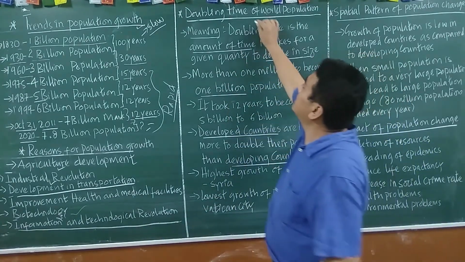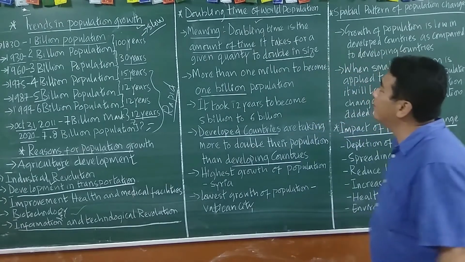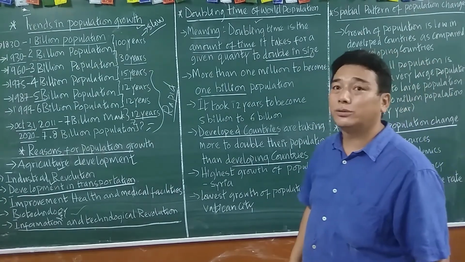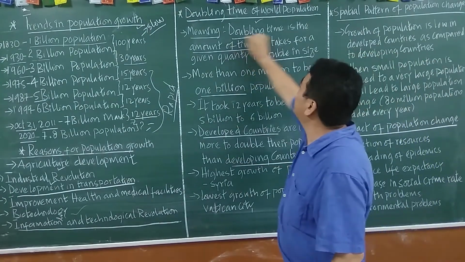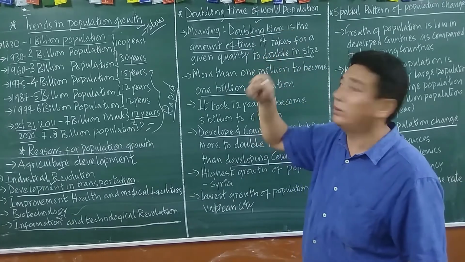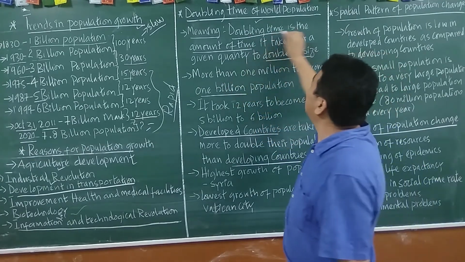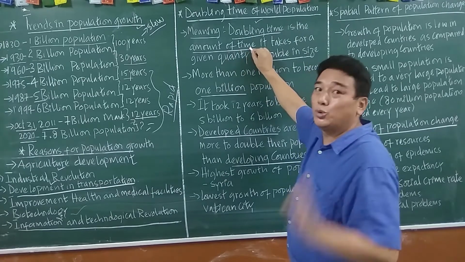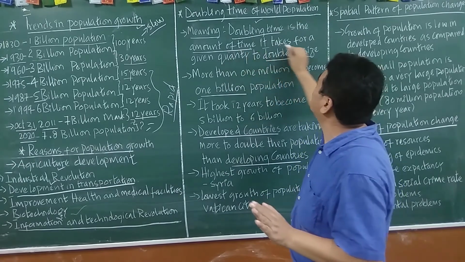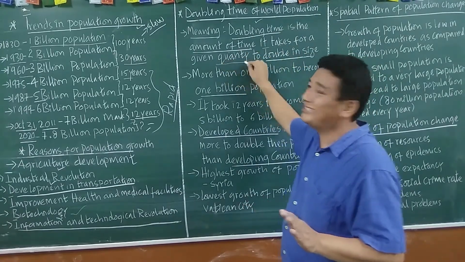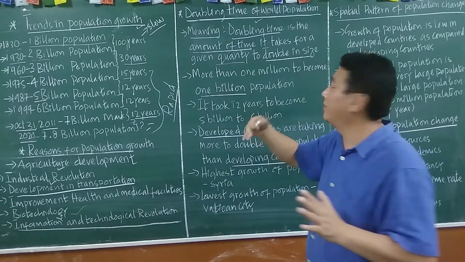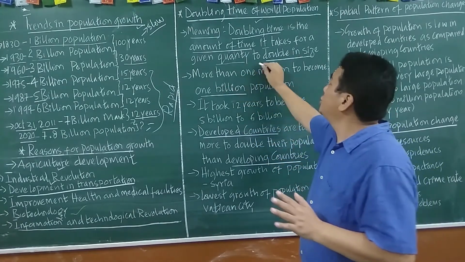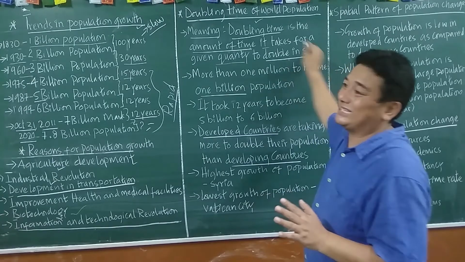Then next, the doubling time of world population. Doubling time is the amount of time it takes for a quantity to double its size.